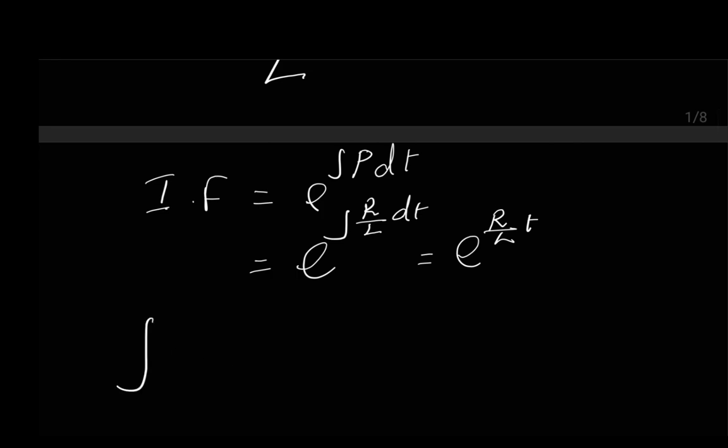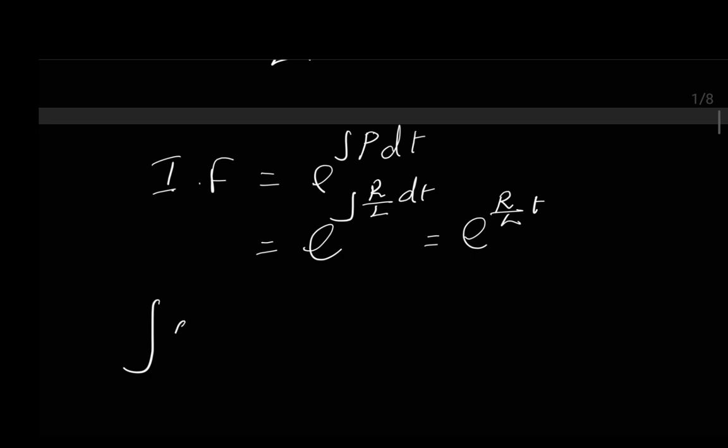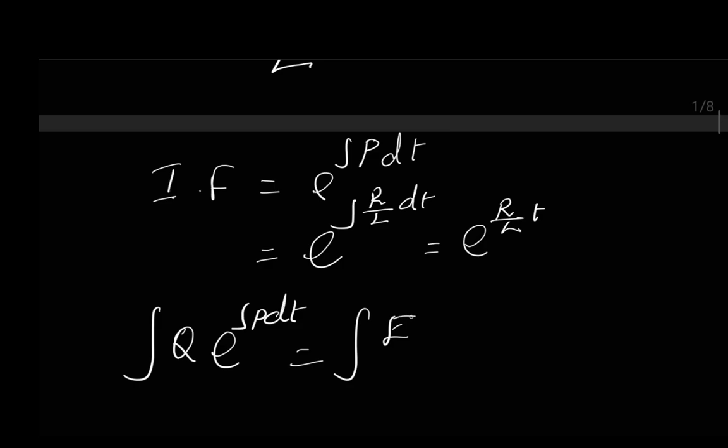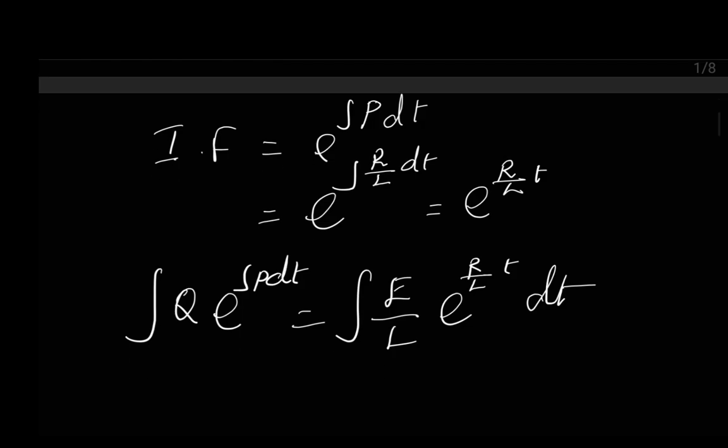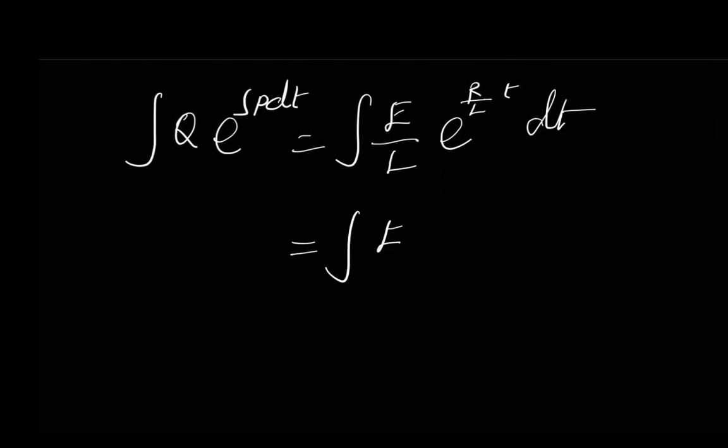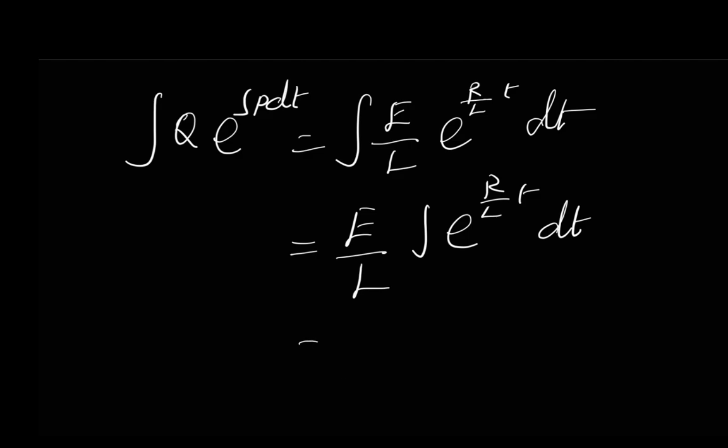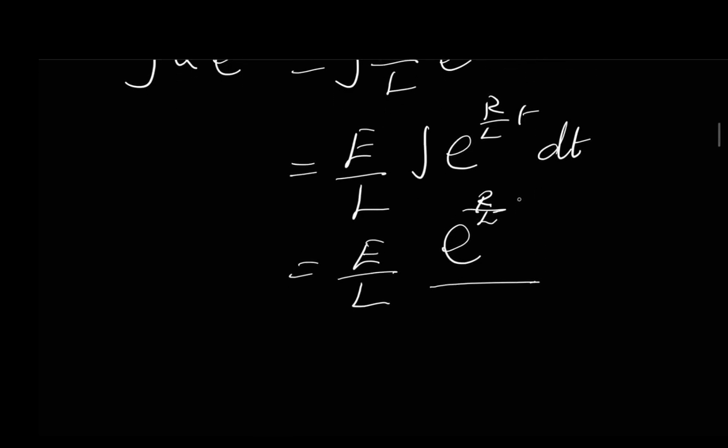Next find ∫Q e^(∫P dt) dt. This is equal to ∫(E/L) e^((R/L)t) dt. Here again E/L is constant, so take it outside. Integration of e^((R/L)t) dt is e^((R/L)t) divided by the coefficient of t, which is R/L, plus c.